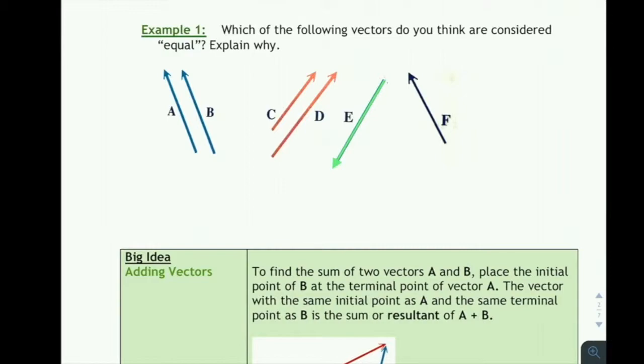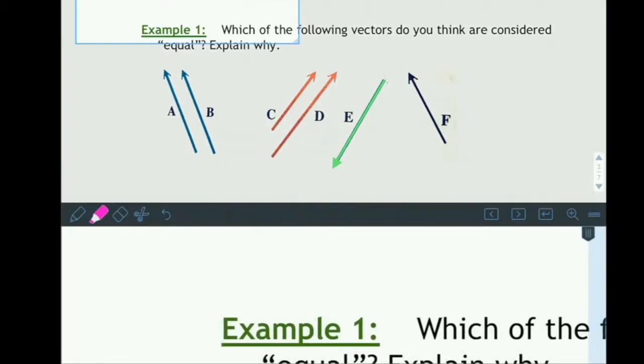If we're talking about vectors, some vectors are equal to one another, just like some numbers are equal to one another. In order to be considered equal, your vectors have to have the exact same magnitude, so the same length, and the same direction. If you look at these, there are 1, 2, 3, 4, 5, 6 different vectors.